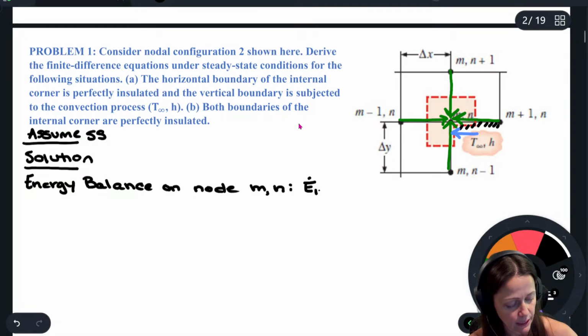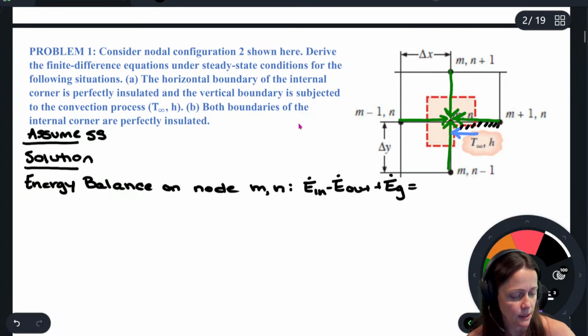So it's E dot in minus E dot out plus E dot G equals E dot ST.